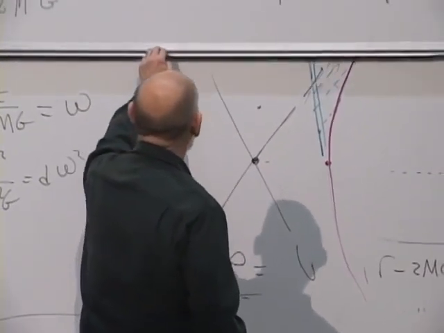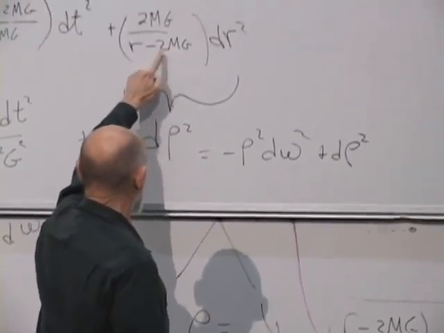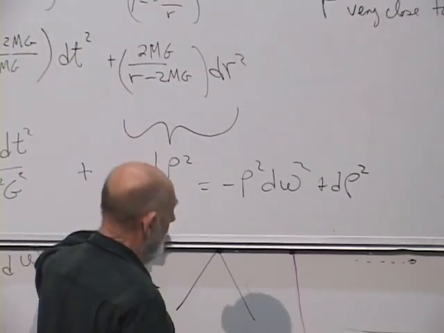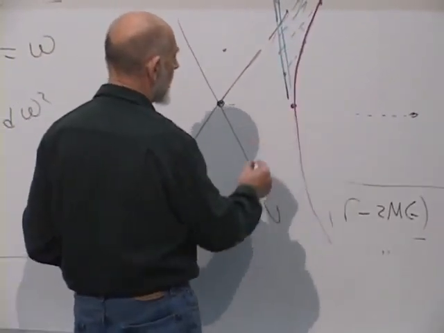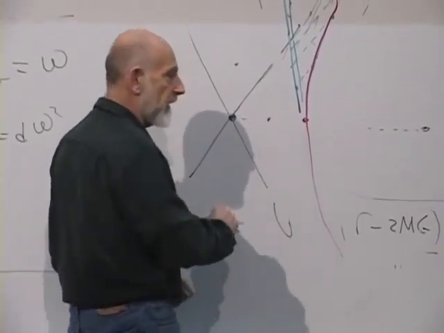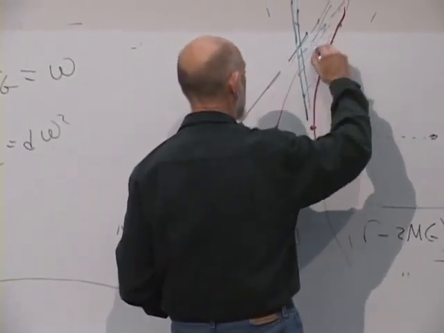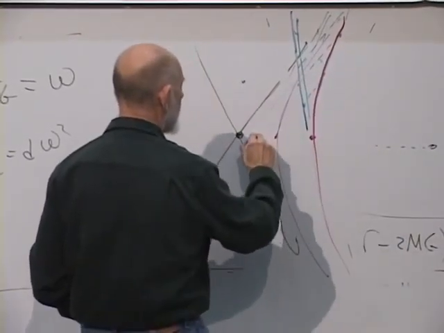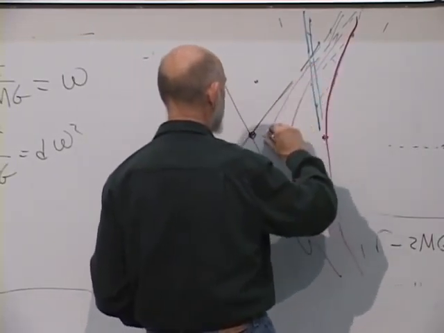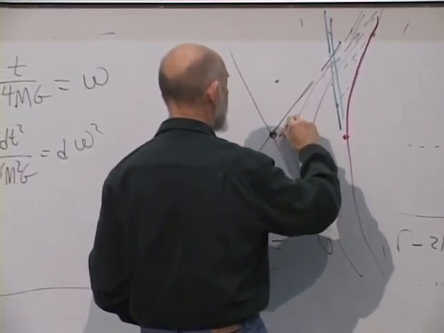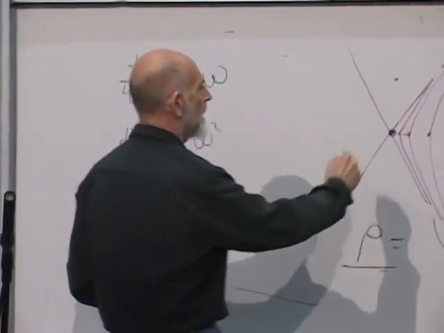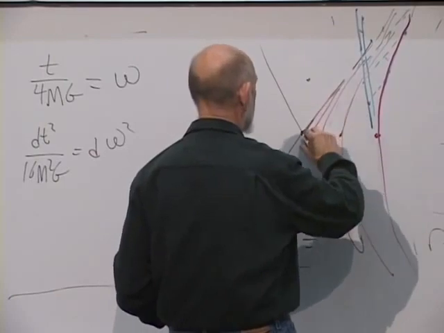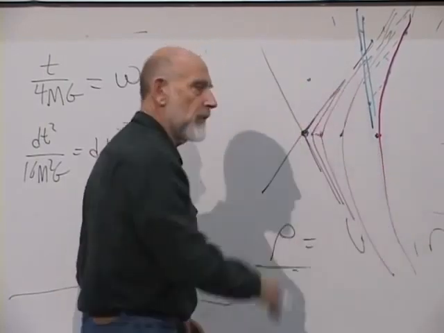Little r, 1 kilometer from the horizon. So r is bigger than 2MG. 2MG plus a kilometer. Here's 2MG plus half a kilometer. Here's 2MG plus a quarter of a kilometer. Here's 2MG plus an eighth of a kilometer. Right on here. Oh, then it's in here somewhere, but we don't want it to go there yet. For the moment, we don't want to go there.